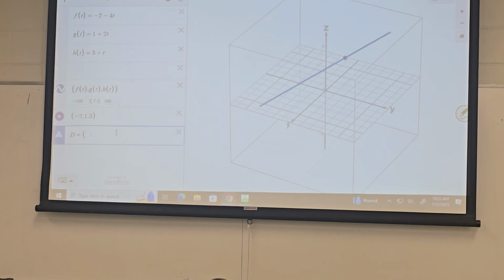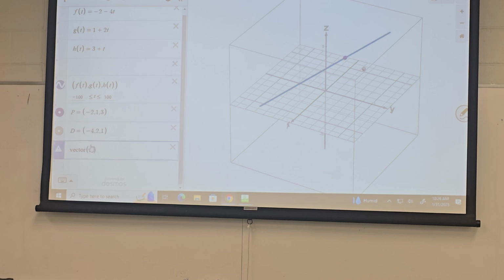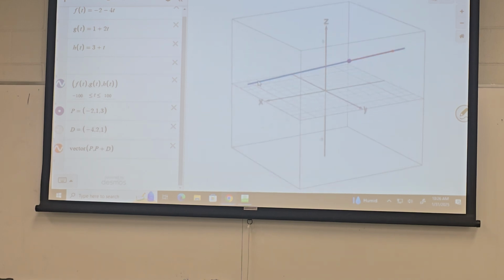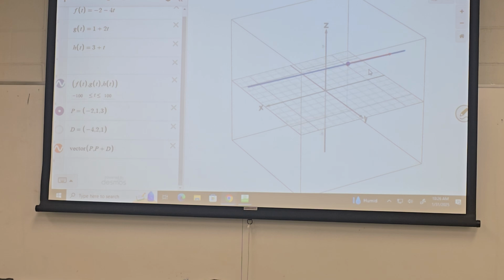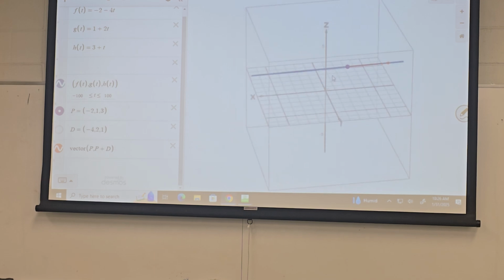And our direction vector was -4, 2, 1. So here in red, can you see that?